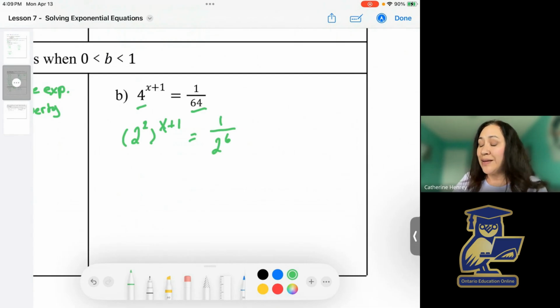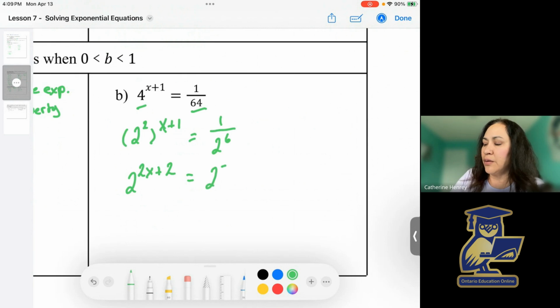We don't quite have the same base, but if we take the reciprocal of that, that will change the sign. 2x plus 2 is equal to 2 to the power of -6. Now we've created an equation that has the same base, and we can take our exponents and set them equal to each other.